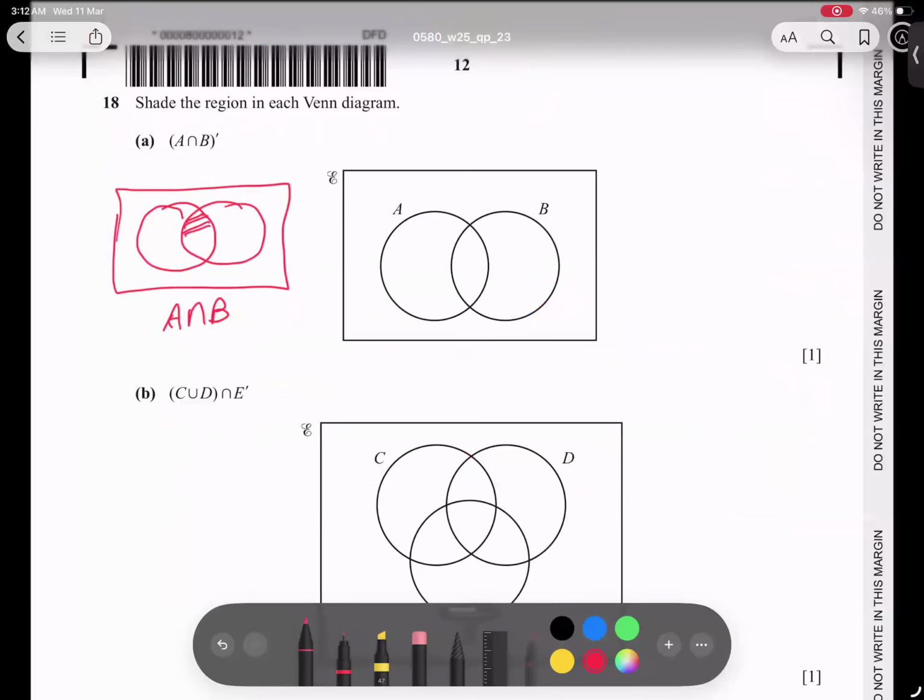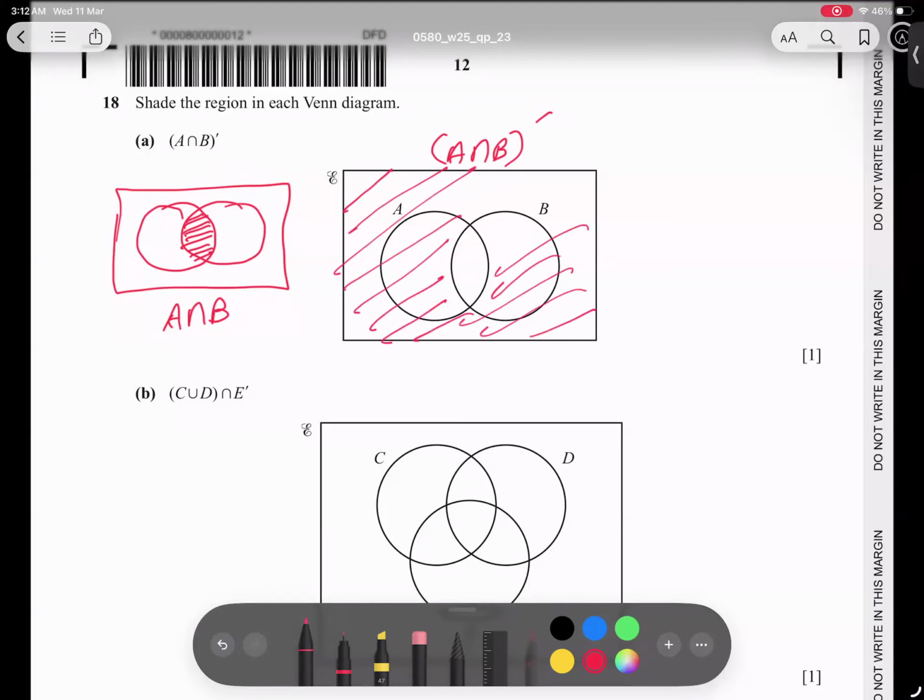This portion is called common between A and B. And if I say except this, what does a complement mean? I'm writing now here, A intersection B whole complement. Except this shading, don't take it, take the rest, everything. So don't take the middle part, take everything else. So this is my answer. Don't take this boundary inside, stay outside.